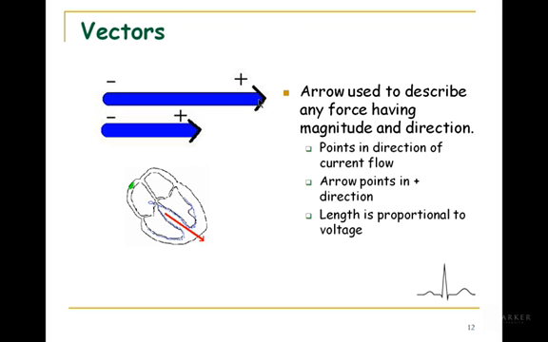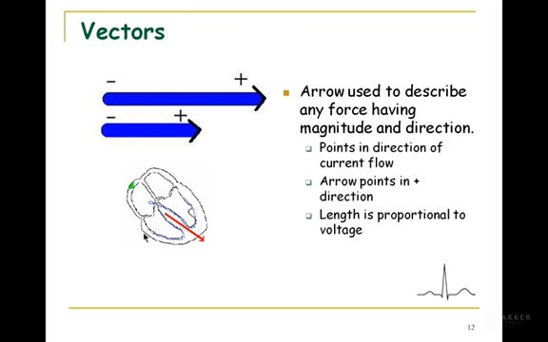The bigger the arrow or vector, the more magnitude. The pointy end of the arrow points in the average direction of current flow. So if I put a picture of the heart up there and I have an arrow on there, I'm showing this is the average direction of current flow in that particular area of the heart, which will determine what that particular waveform will look like.